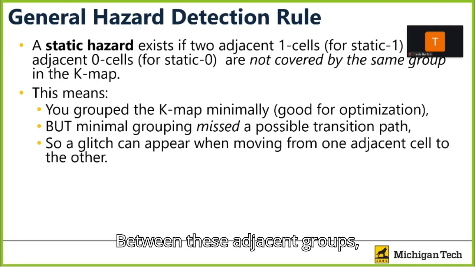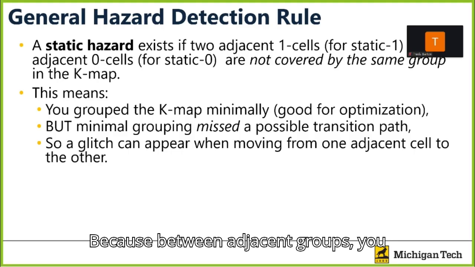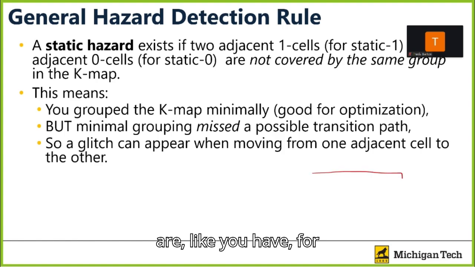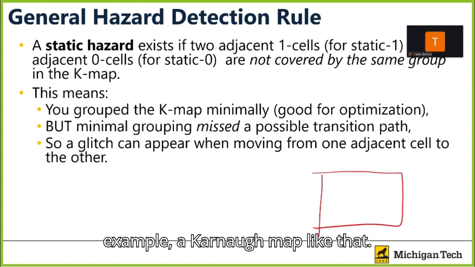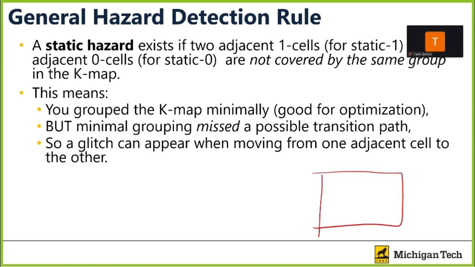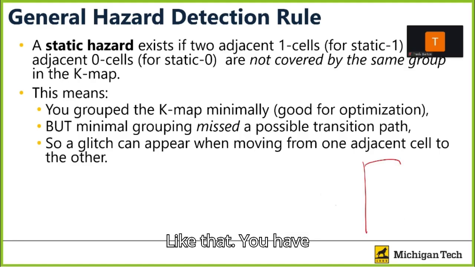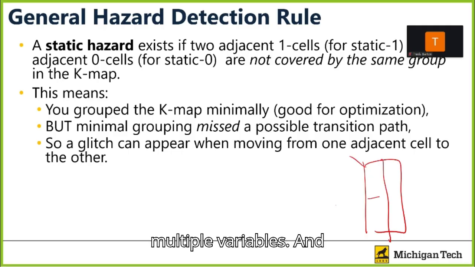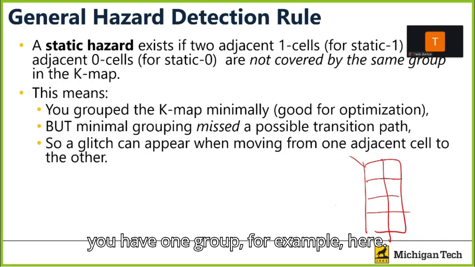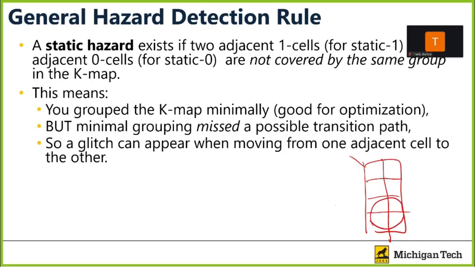Between these adjacent groups, you have, for example, a Karnaugh map like that. You have multiple variables, and you have one group, for example, here, another group here.